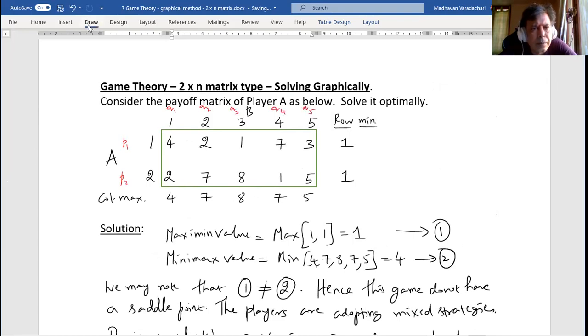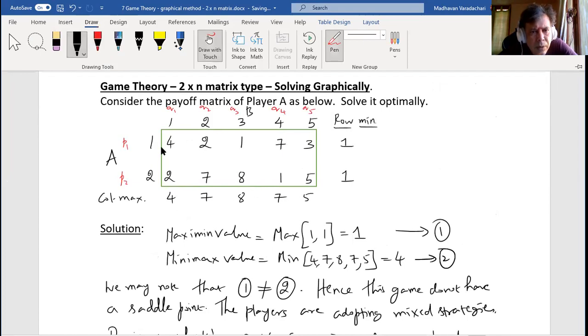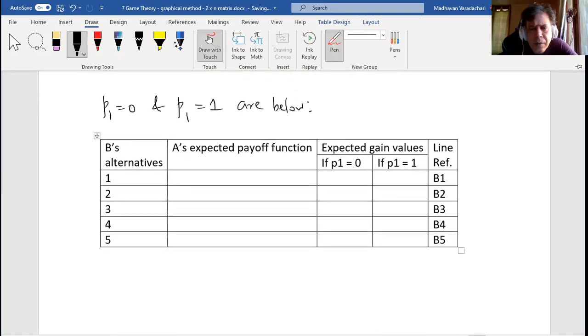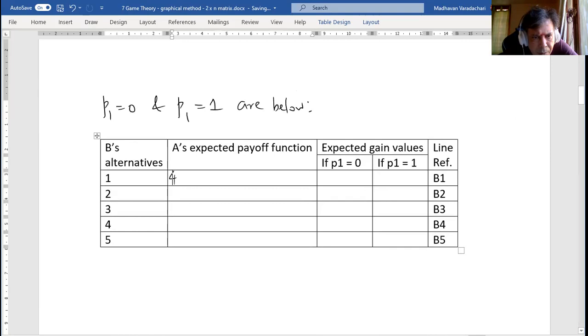Now, first alternative: when B is using its first alternative, then A's payoff function will be 4P1 plus 2P2.